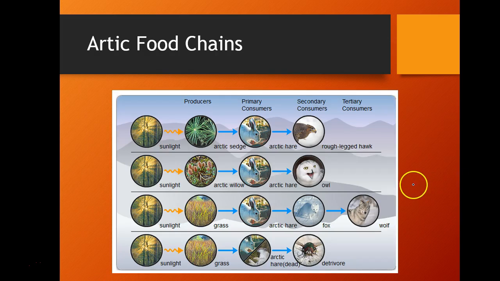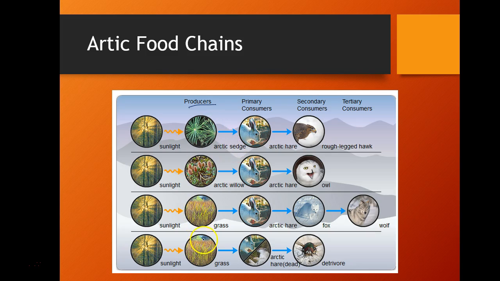So we see here, these are 4 different food chains that the hare is involved in. We see the hares are the primary consumers, right? Right before them, we see the producers, those are all the different things the hare would eat. It eats grass, Arctic willow, the Arctic sedge, right?